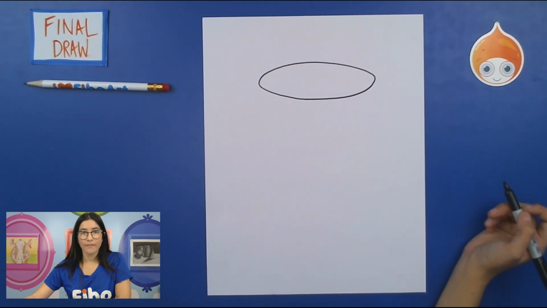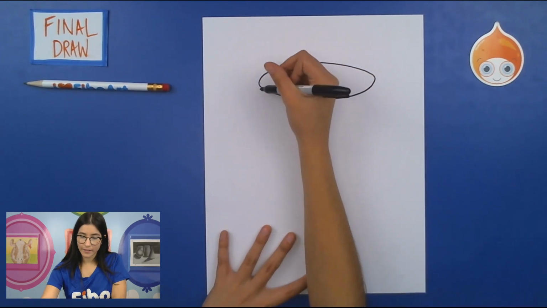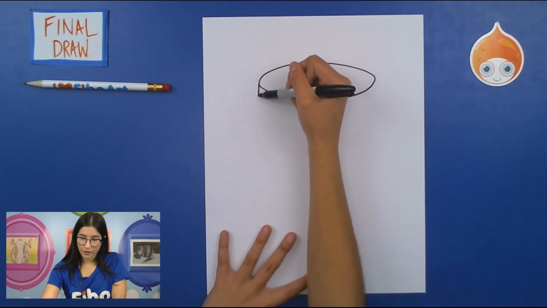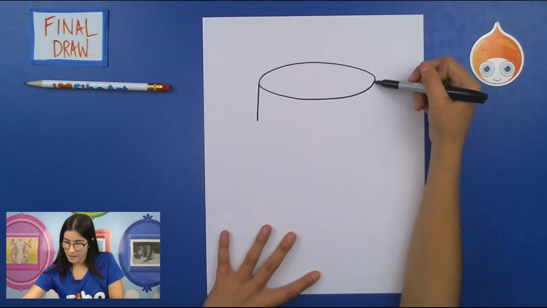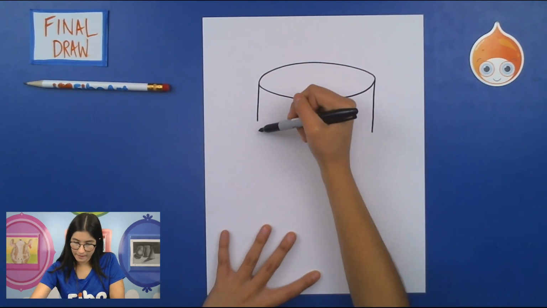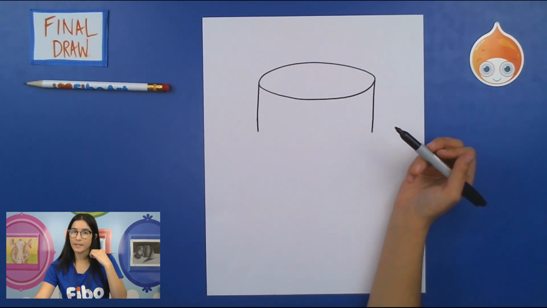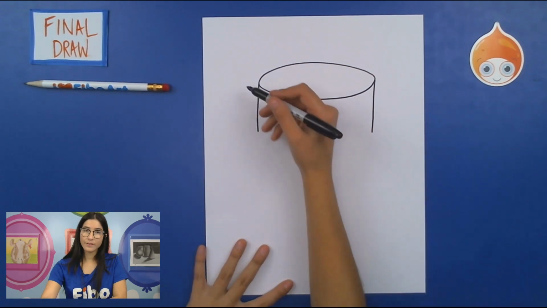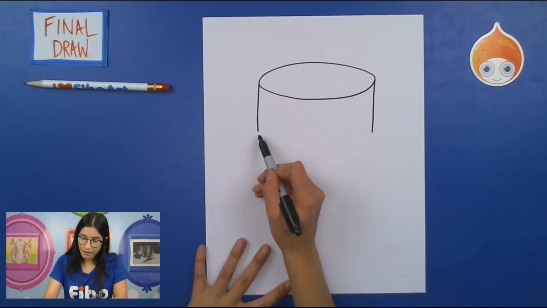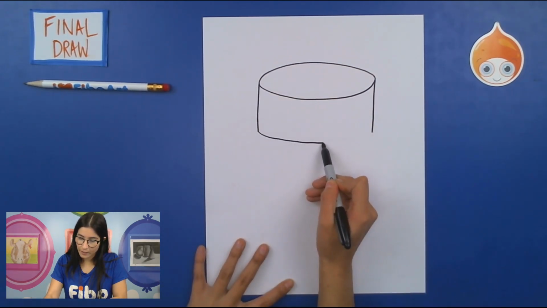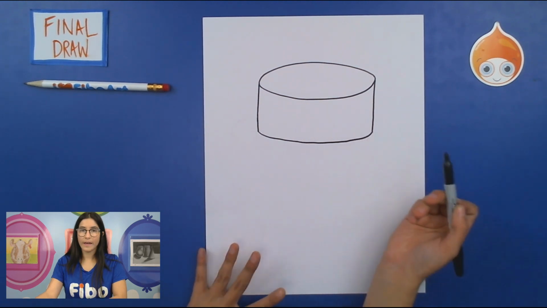And then once you have that first oval, that first layer, at the top, you're going to draw 2 vertical lines down from the sides. Remember, the lines on the side, you don't want too long. And once you have your sides lined up, go ahead and just finish it off with the curved line at the bottom to connect from the left to the right.